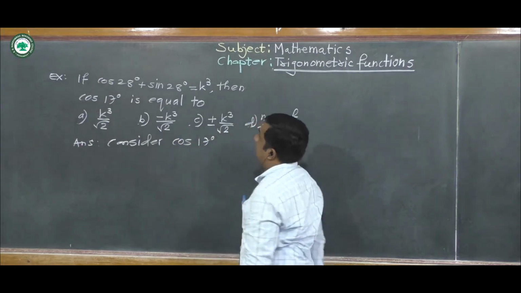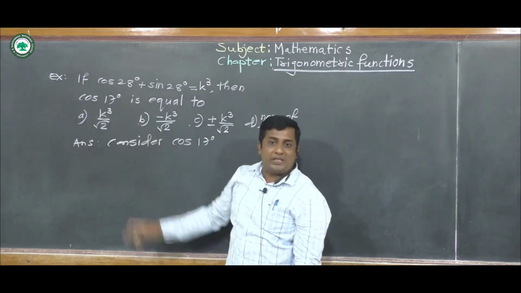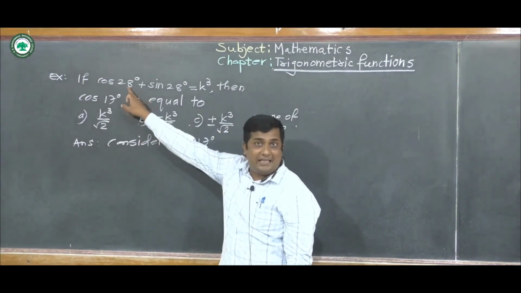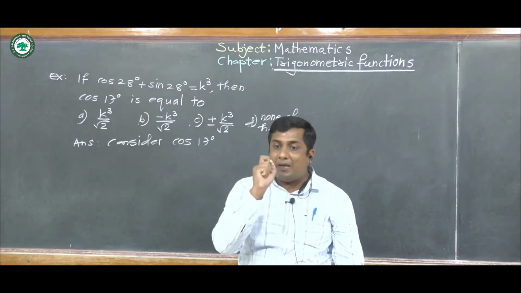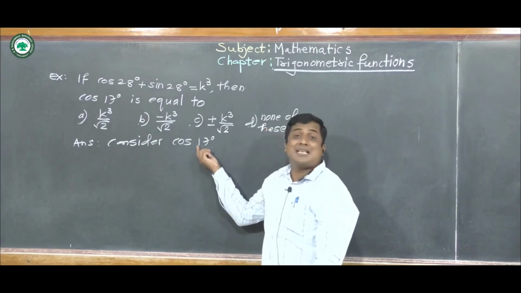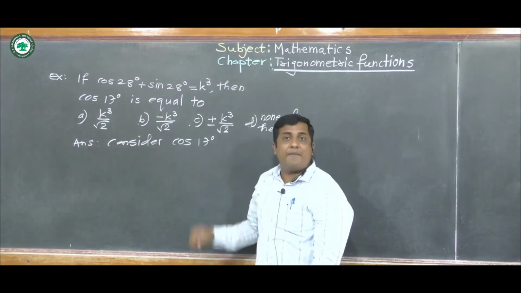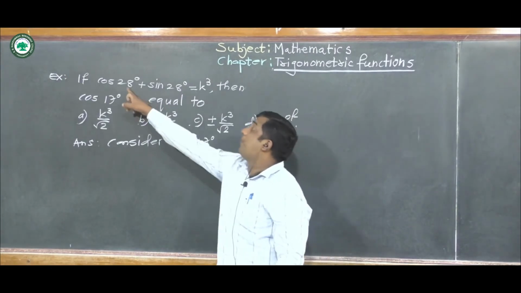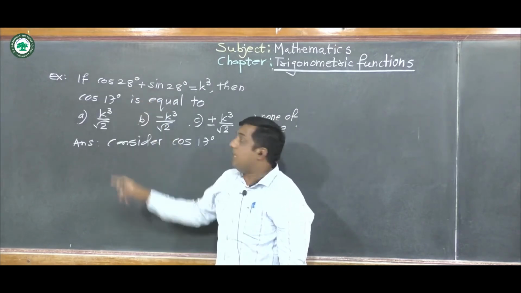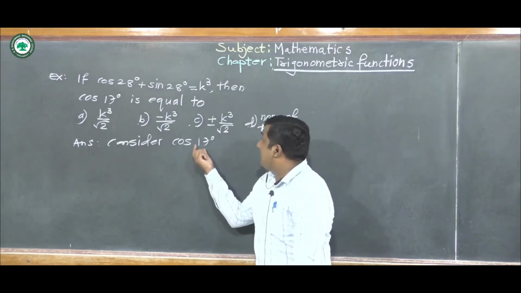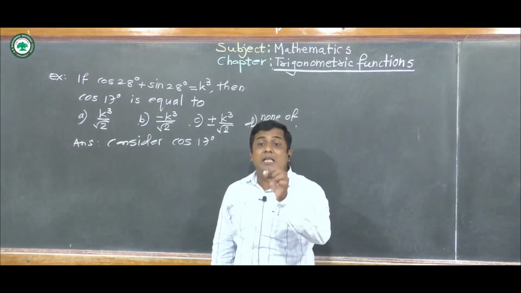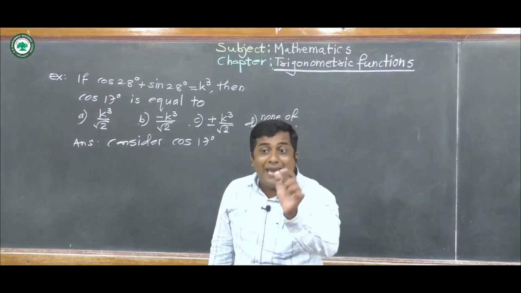Now remember, here in the given equation 28 degree, this measure is given. So our first step is we have to write this 17 degree in the form of 28 degree. That is, we have to write this 17 degree in the form of compound angle.